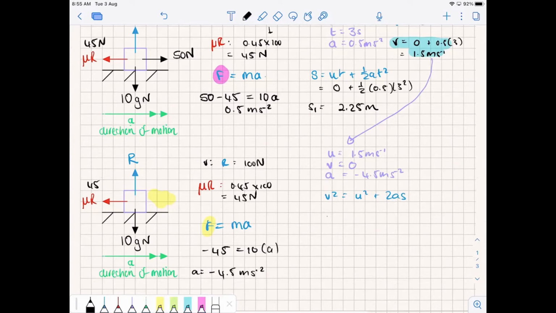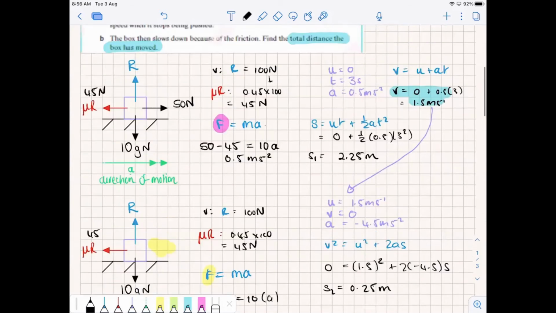Substituting in, I get 0 is equal to 1.5 squared plus 2 times minus 4.5 times displacement. Punching that into the calculator, it's 1.5 squared divided by minus 4.5 times 2, which is 9. That's going to give me a quarter, 0.25 meters. Very importantly, that's for stage 2.